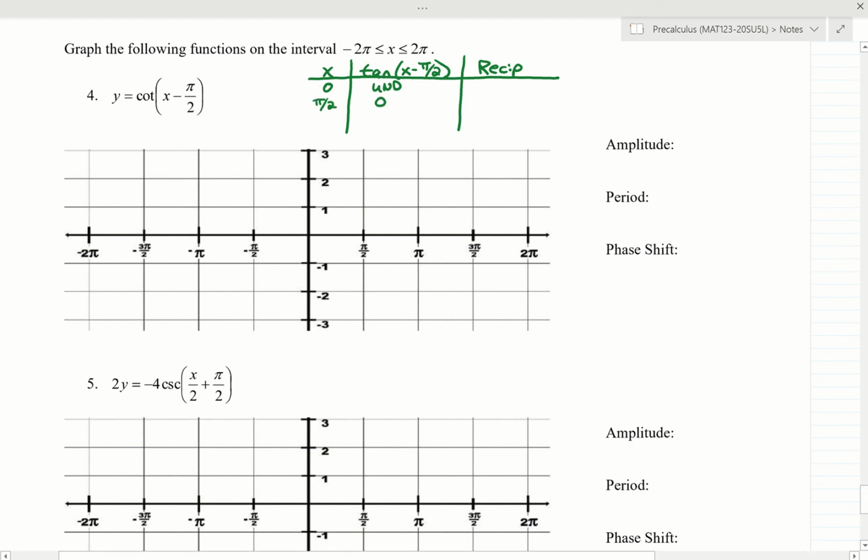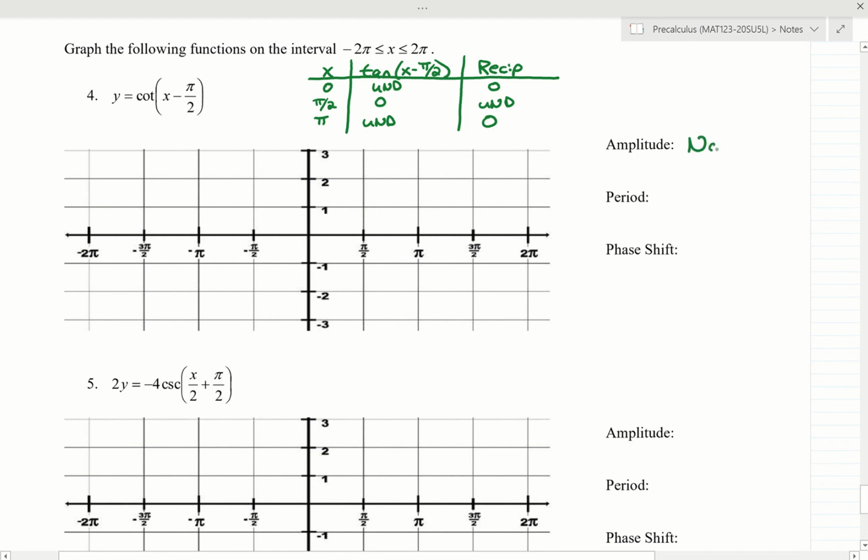If we try pi, pi store for a, I'm seeing that we get an undefined again, and it looks like this pattern is going to continue. The reciprocal of undefined is 0. The reciprocal of 0 is undefined. So you could see how I'm using tangent to graph cotangent.